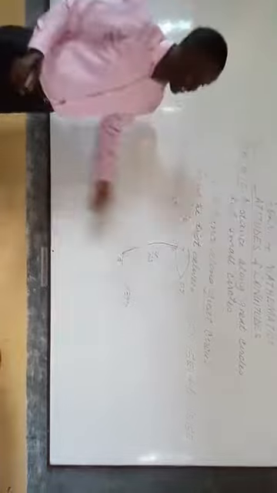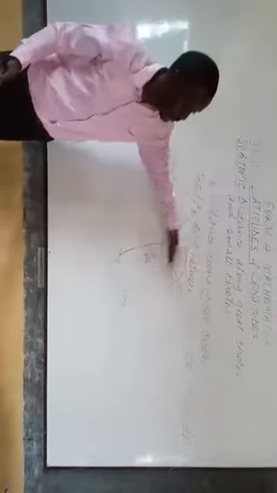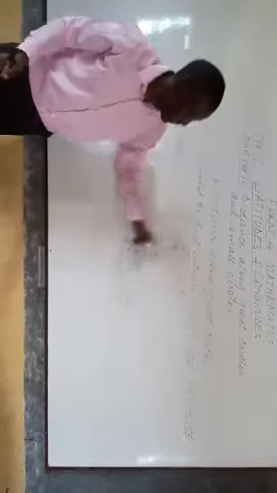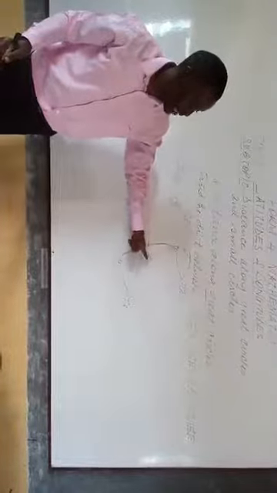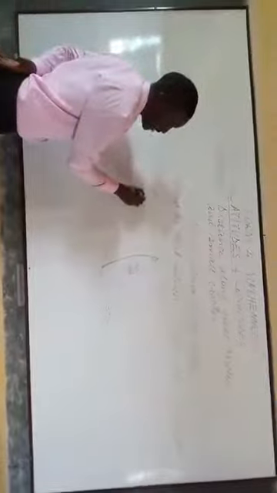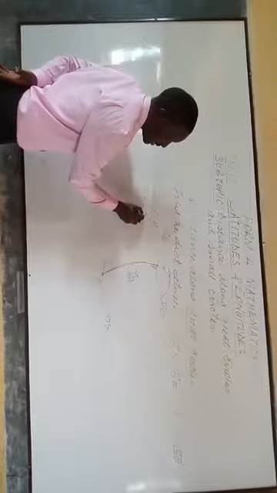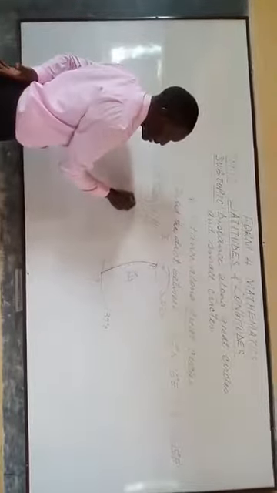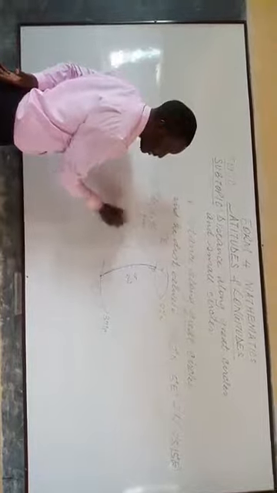What is the difference in latitudes from point P to point Q? The latitude difference is this angle forming at the center here. As you can clearly see, that angle will be given by 23 plus 37 degrees. That gives us 60 degrees.